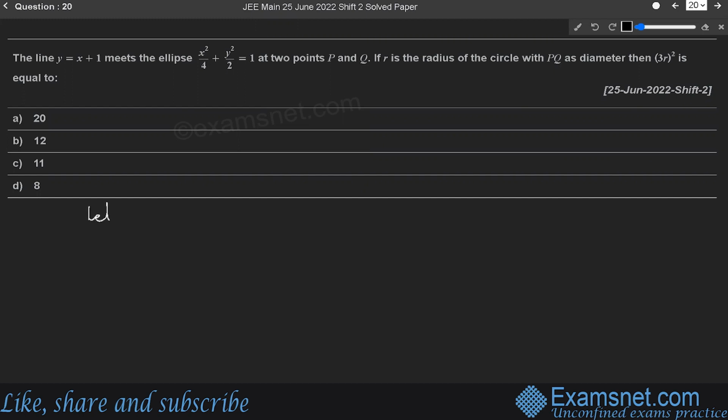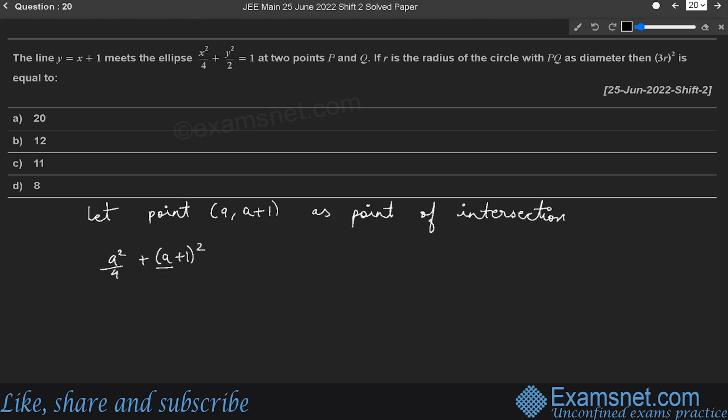Let the point A comma A plus 1 be the point of intersection. This is the point of intersection for line and the ellipse. Therefore, A square upon 4 plus A plus 1 whole square divided by 2 is equal to 1.